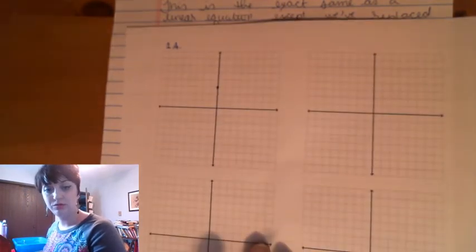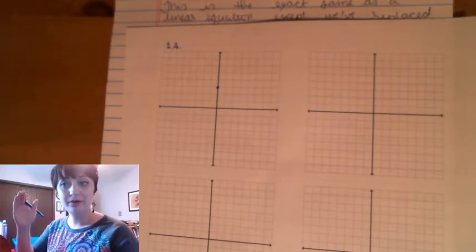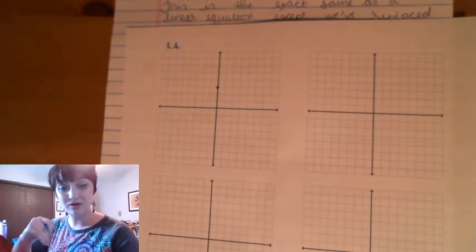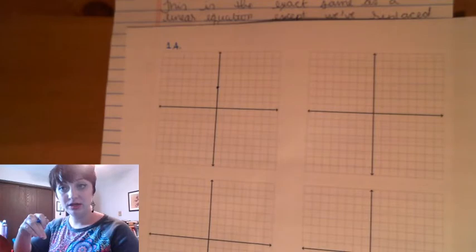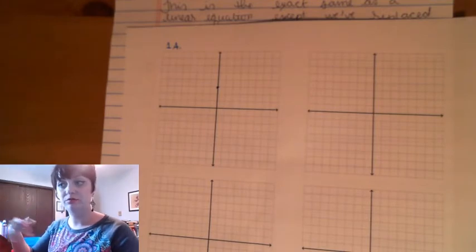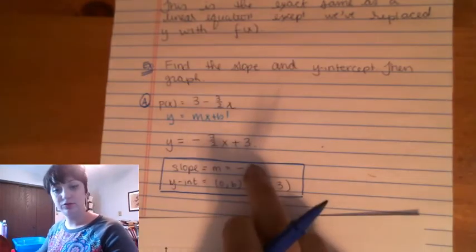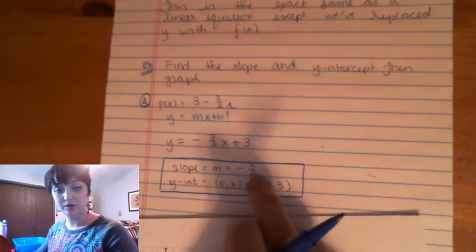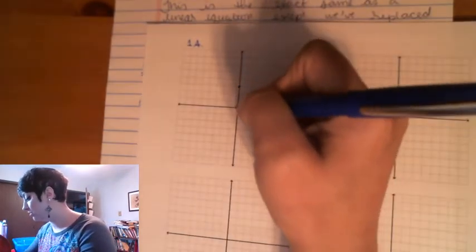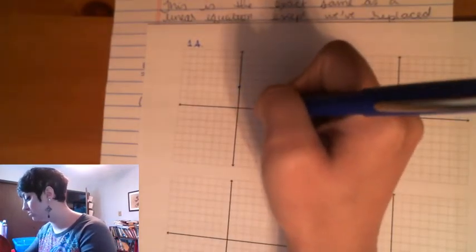I'm going to move either up and left or down and right. So down is negative, right is positive, that's overall negative. And this says 3 over 2, so my y changes 3, my x changes 2. So down 1, 2, 3, right 1, 2.